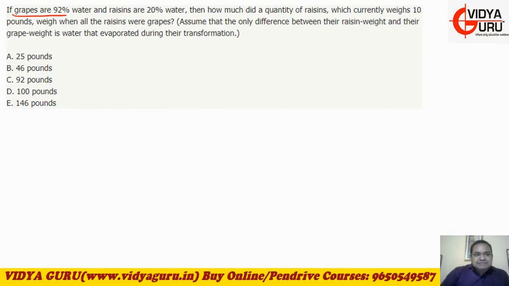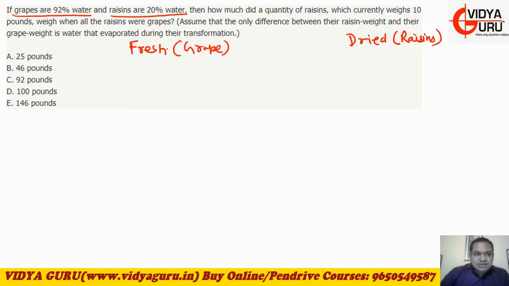If grapes are 92% water and raisins are 20% water, what is the relationship between them? Grapes are fresh, raisins are dried. When it is dried it is known as raisins, and when it is fresh it is known as grapes. So 92% is water, 100 minus 92, so 8% is pulp.